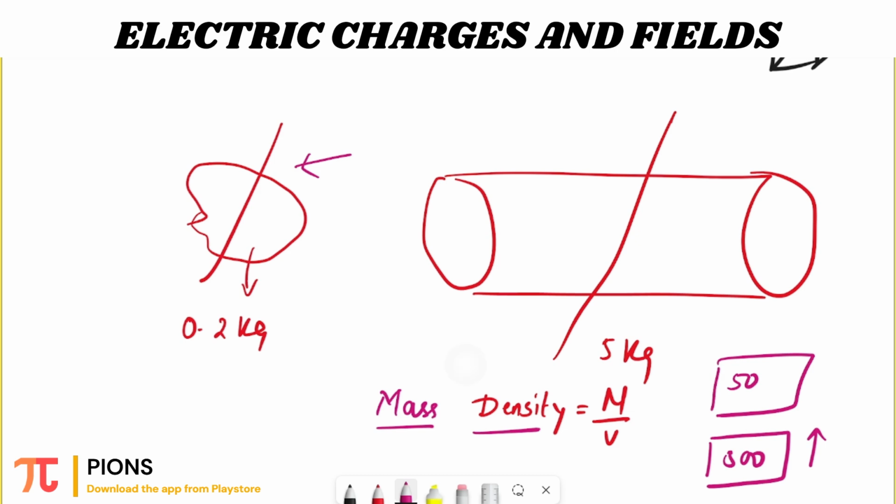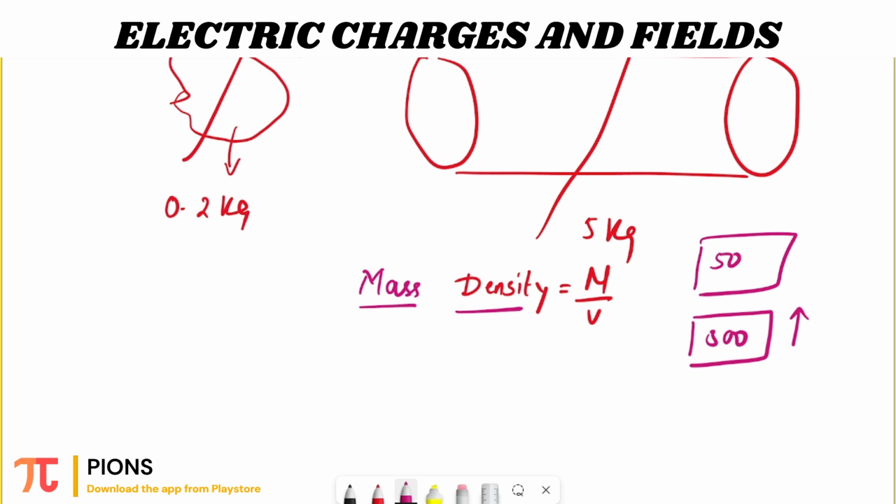Now let's try to understand it in a mathematical way. For the density of a log, let's say I'm just making it 5 by 10. So when the mass was 5 and the volume was 10 meter cube, the density is half. If I increased the mass to 500 and made the volume 1000, again the density remained very low, 1 by 2.